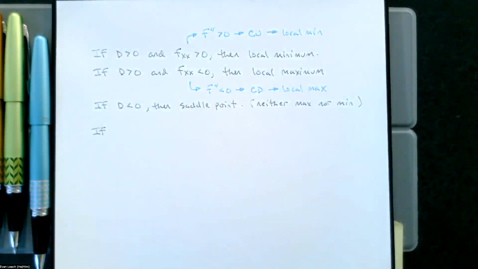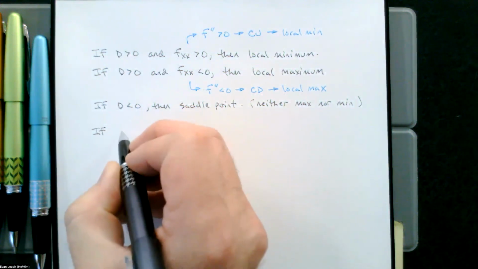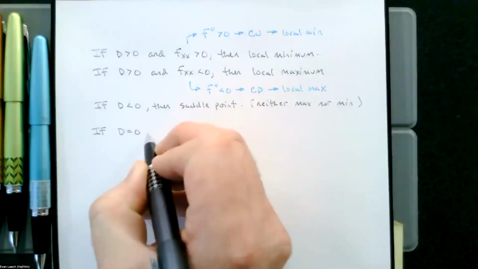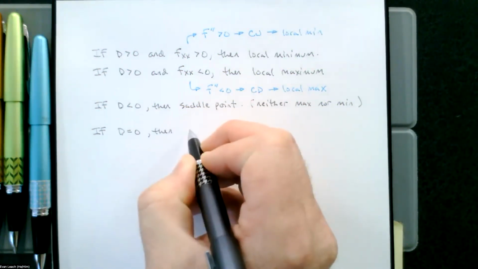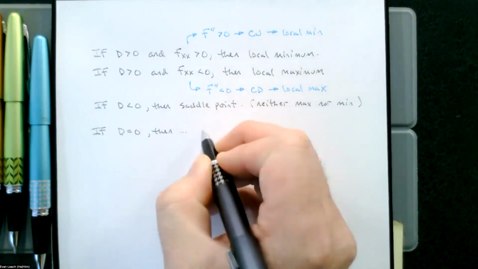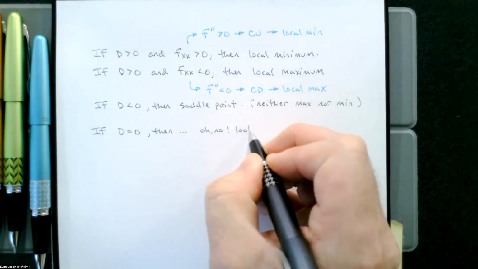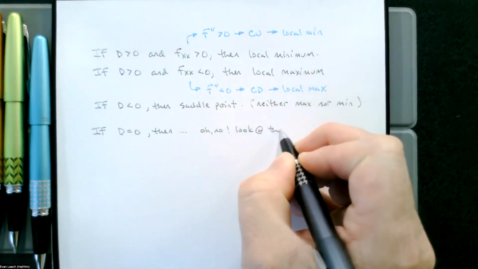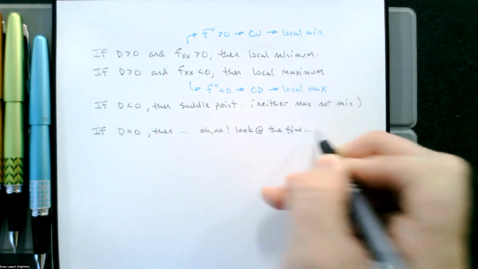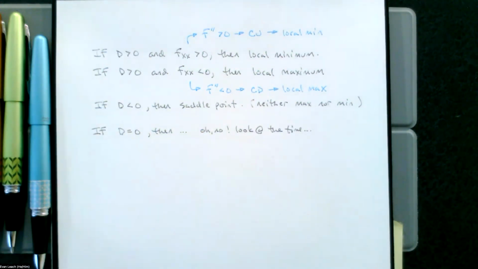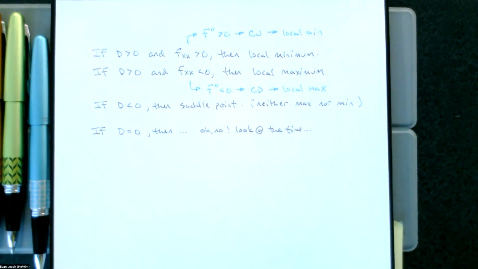If D is equal to 0, then we have. Here's what you need to do. It's Friday. And I delayed the perfect amount of time to run out of time for when D is equal to 0.